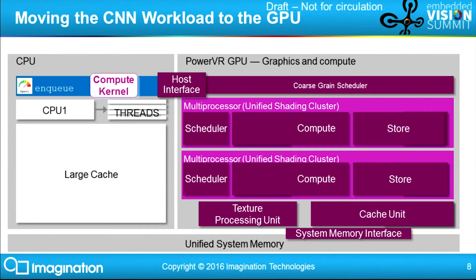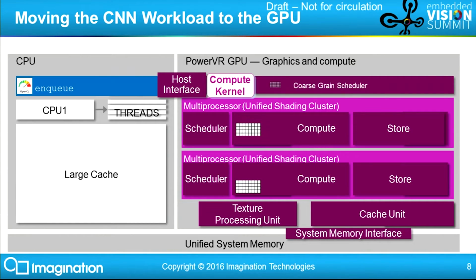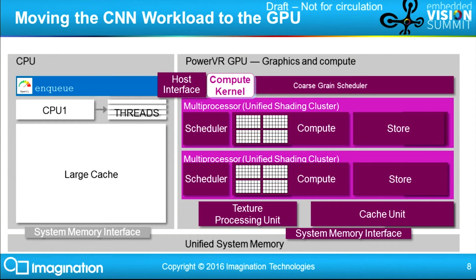It's good to think about what the difference is between a GPU and a CPU. CPUs typically have a very large cache and work to keep the compute units busy. They're typically very good for tasks that have very serial dependencies and conditional branches.